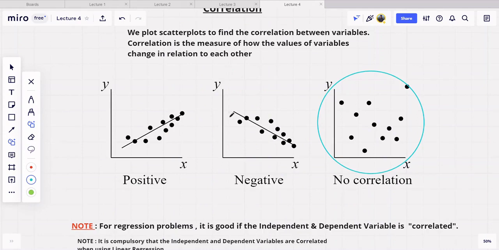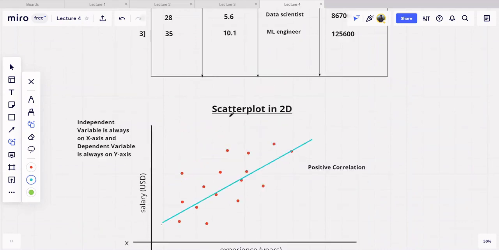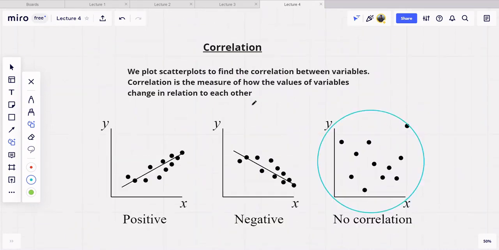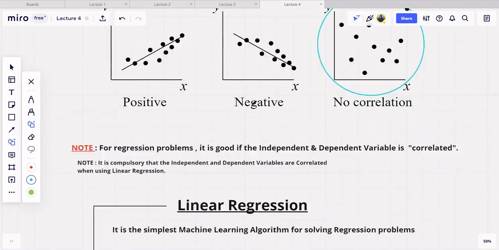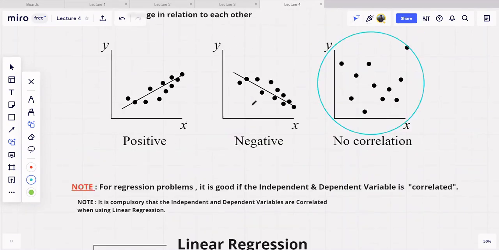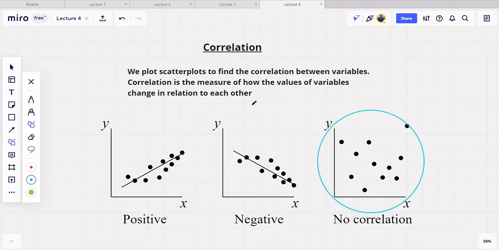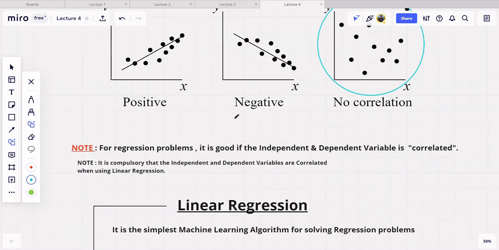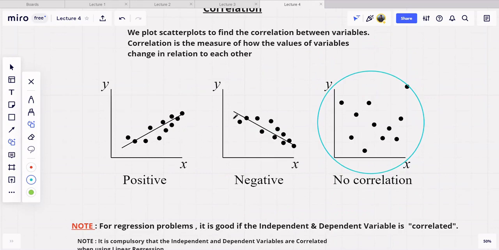Whenever you are creating a scatter plot, you have to see whether you have any positive or negative correlation among the variables. Why am I saying this? Because in a regression problem we always prefer to have a good correlation among the variables. If there is an increasing or decreasing pattern amongst the variables, then it becomes very easy for the machine learning algorithm to learn these patterns.